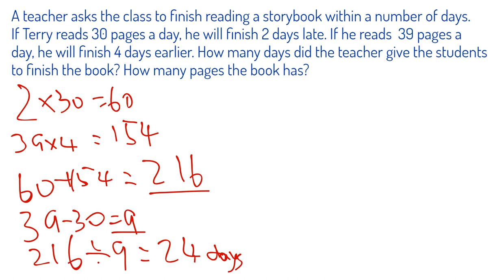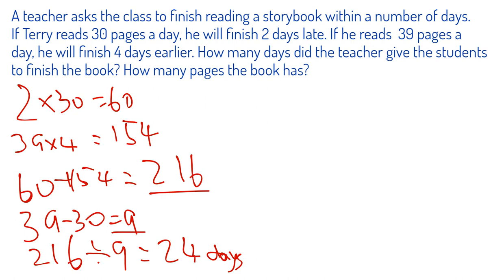Let's move on. Even though we can use both situations to figure out how many pages the book has, I'm only going to use one situation, as both situations give the same result.